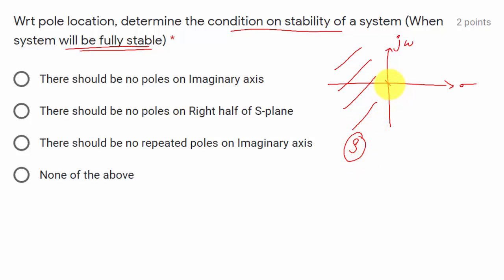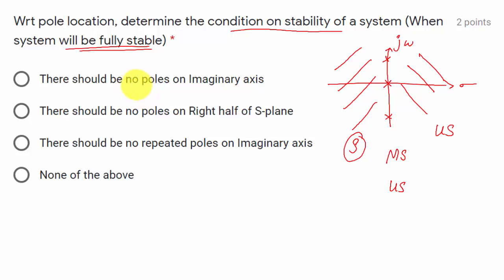If you are getting a simple pole or poles on the imaginary axis, then the system will be a marginally stable system. If you are getting a repeated pole as well as poles on the imaginary axis, then the system will be an unstable system. Or if you are getting at least one pole on the right half of S plane, then also the system will be an unstable system.